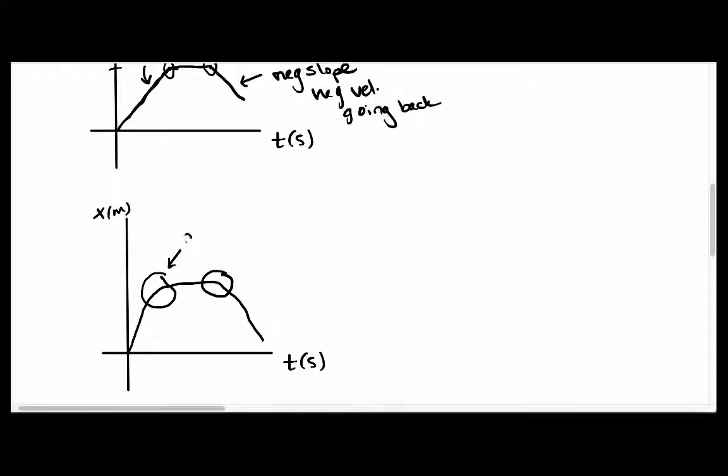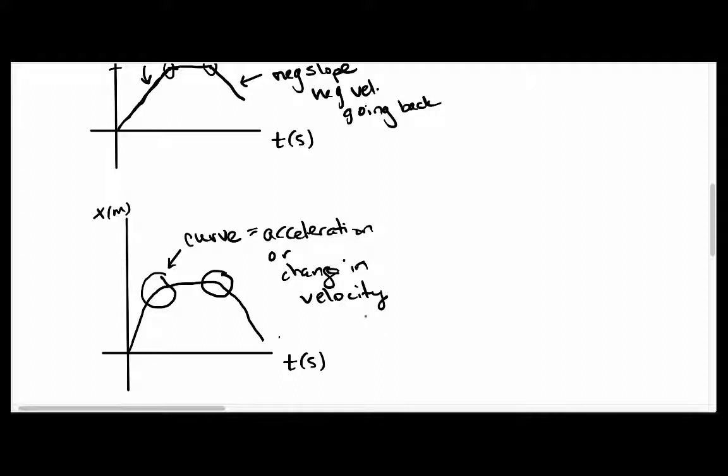So anytime you have a curve on a position time graph, that indicates some type of acceleration or a change in velocity. So hopefully that gave you an idea of position versus time graphs and what the slopes of the line mean on them.